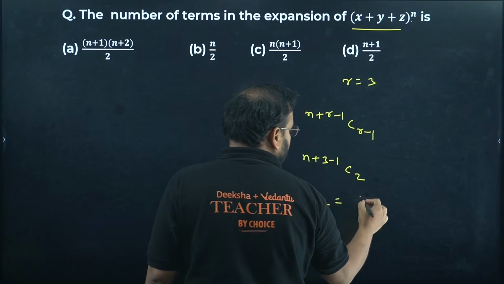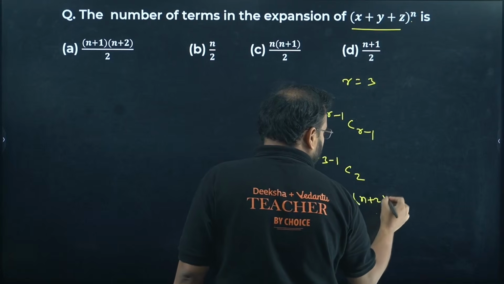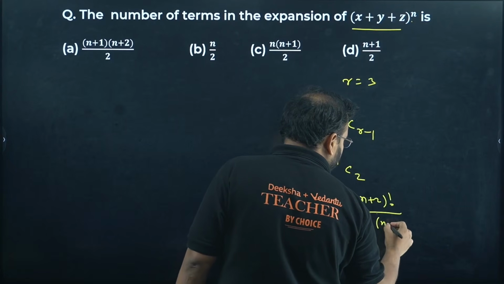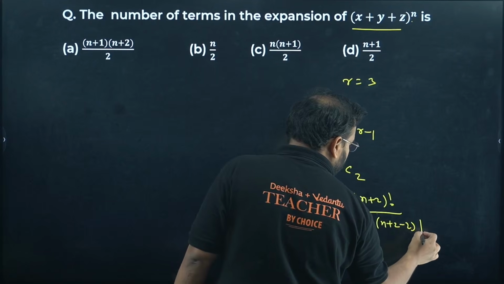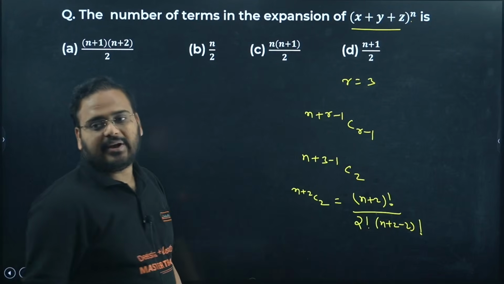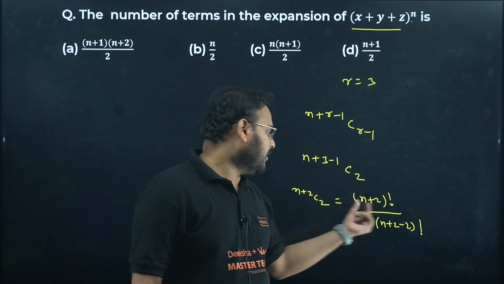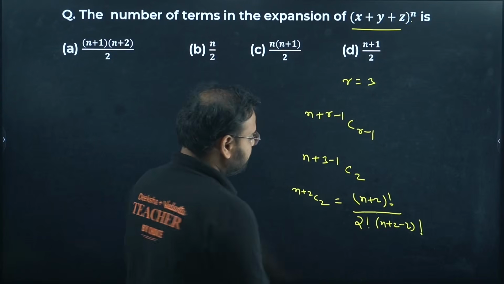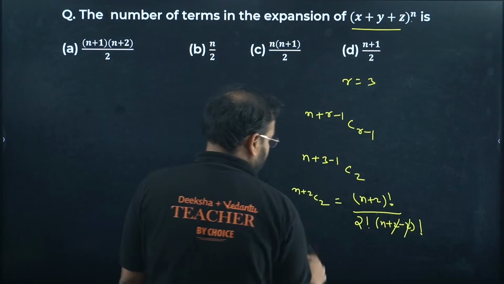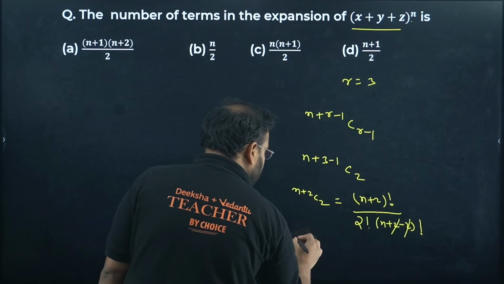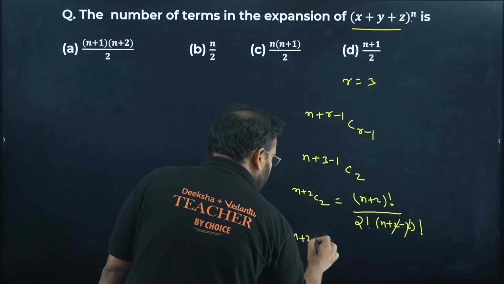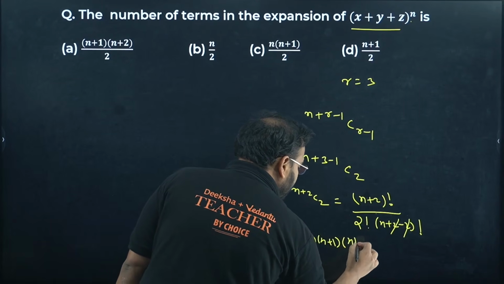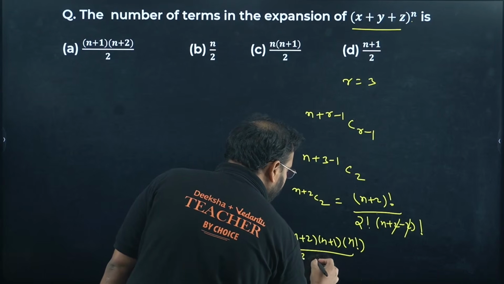What's the answer going to be? n plus 2 factorial divided by 2 factorial into n plus 2 minus 2 factorial. That's the relation, right? Whatever is on top, write that factorial. Whatever is below, write the factorial and the difference factorial. Check here, this is cancelled. What do I get now? Expansion of n plus 2 factorial. So we get n plus 2 into n plus 1 into n factorial divided by 2 into n factorial.